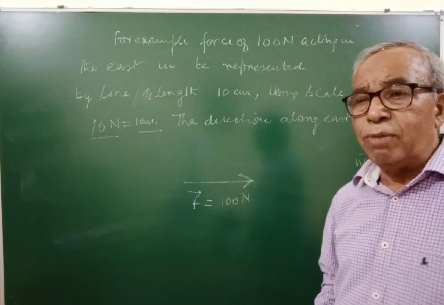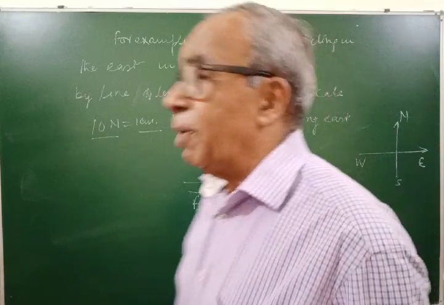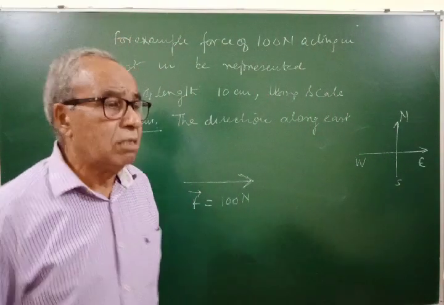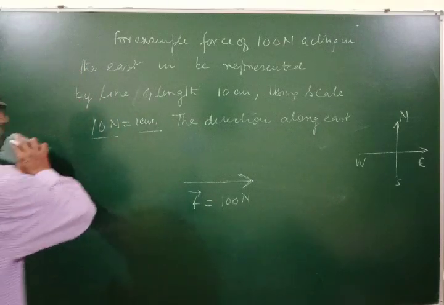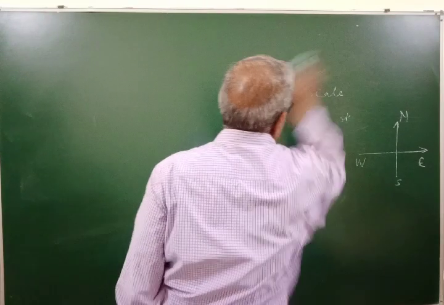I have explained what is the meaning of magnitude. I am repeating again. If I say my height is 5 foot 9 inch, then 5 foot 9 inch is the magnitude of my height, and this height does not require direction.